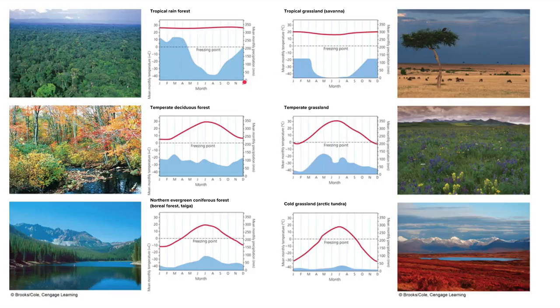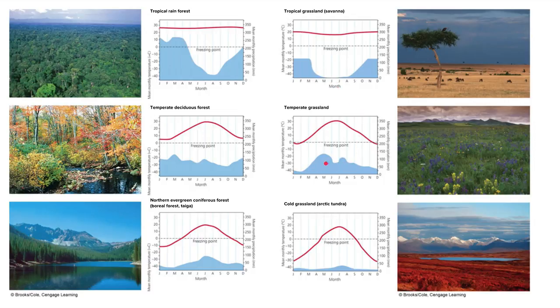Okay, now to tell whether it's forest or grassland, we look at the precipitation. So what you can see here is that the grassland have relatively less rainfall. You can see right here for tropical grassland, savanna, they have much less rainfall.